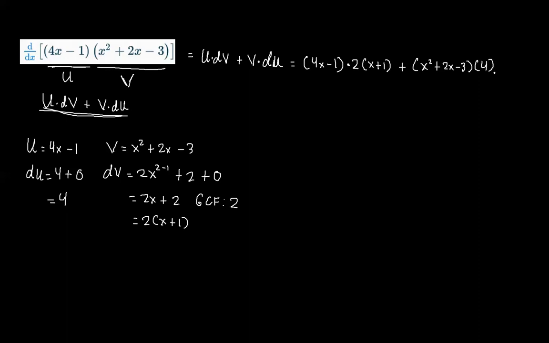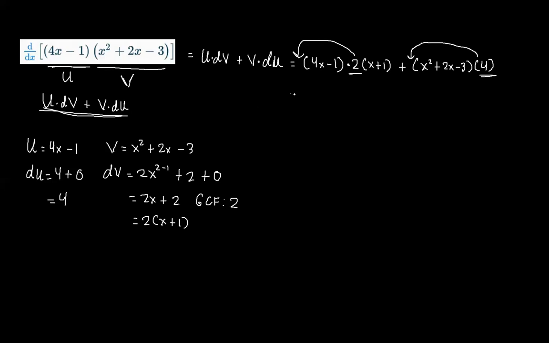Okay, that's it. So now what we're going to do here, just like what I mentioned earlier, is simply distribute. But first, let me rearrange. This constant term 2, I'm just going to put it in the first place. And same thing here for the 4, I'm going to put it in the first place as well.